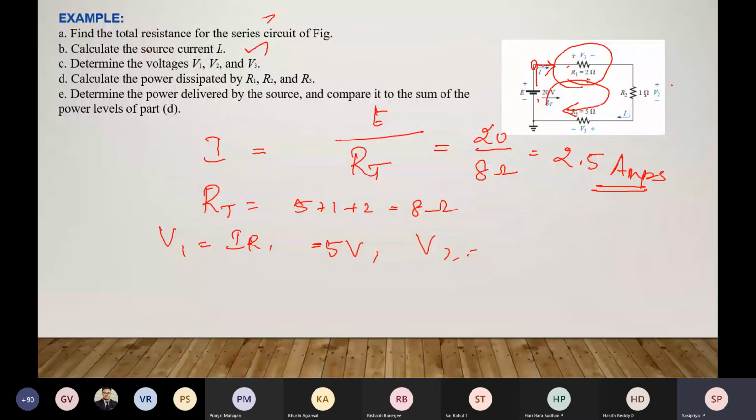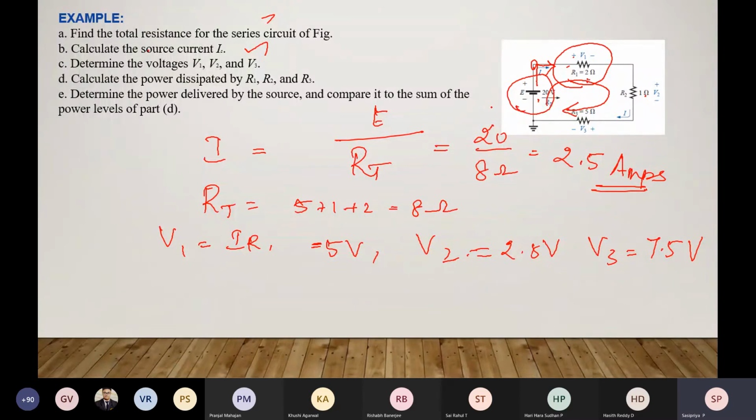Then V2 is the voltage drop across the resistor R2, which is 1 ohm into 2.5 amps, so it's 2.5 volt. And then V3 is the same way, 5 ohms into 2.5, so 7.5. When you sum V1 plus V2 plus V3, that is equal to the total source voltage. Okay, now another question.